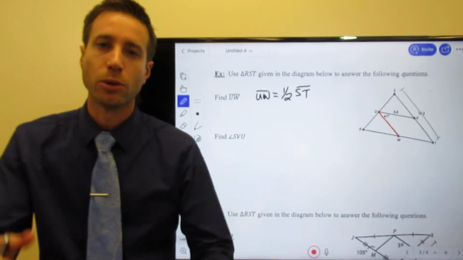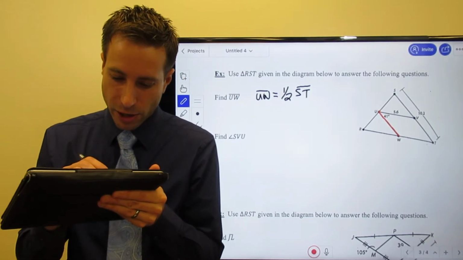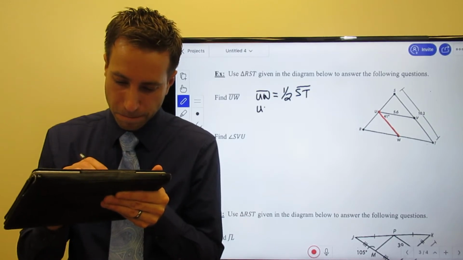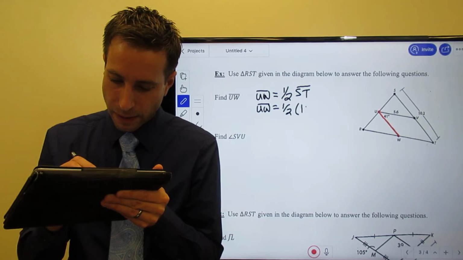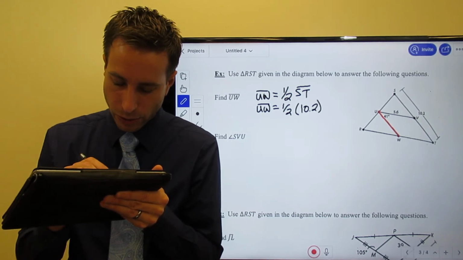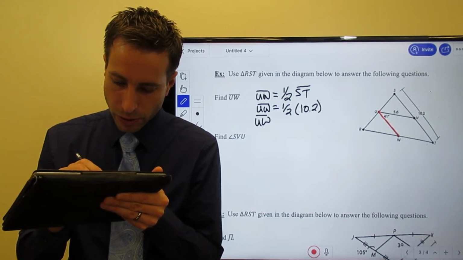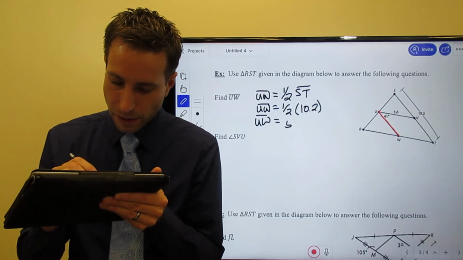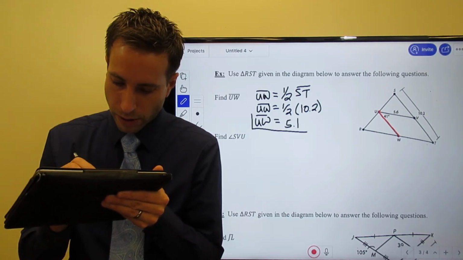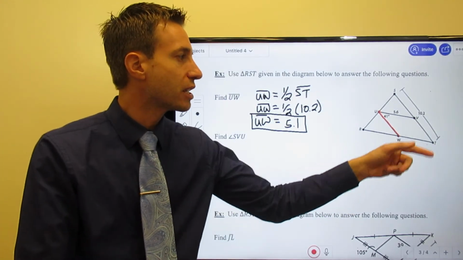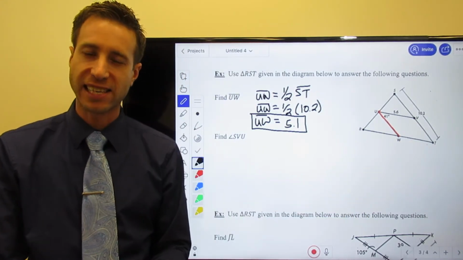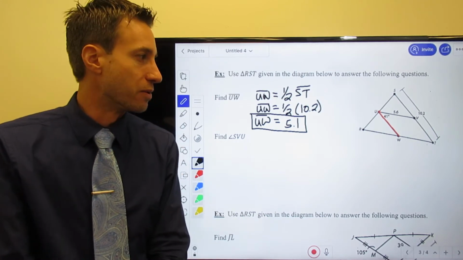It's 10.2. Plug it in. Don't fat finger something on your calculator. 1/2 times 10.2, UW will be 5.1. Right? Just that easy, using those properties of mid-segments to find an unknown value.